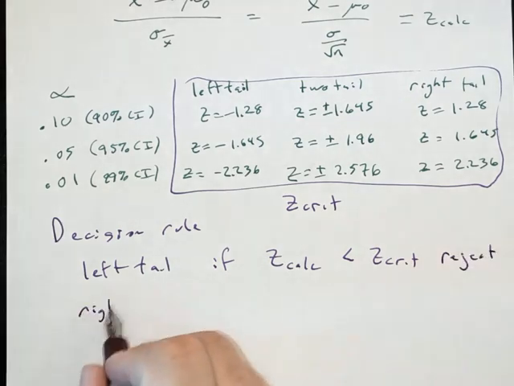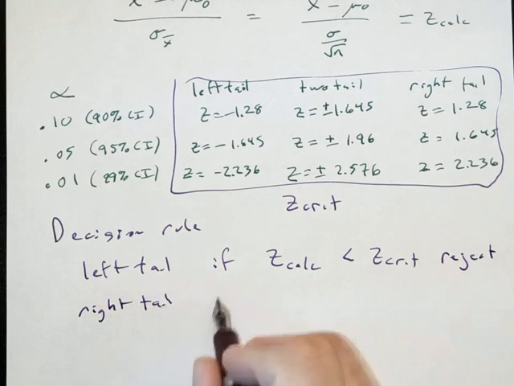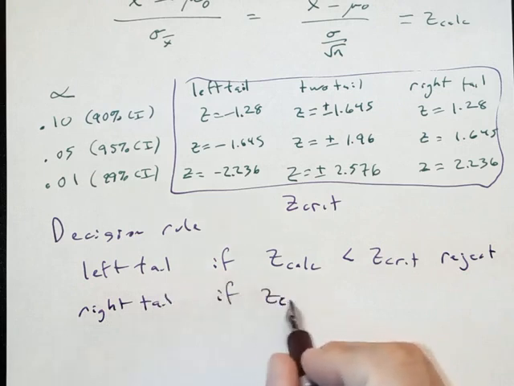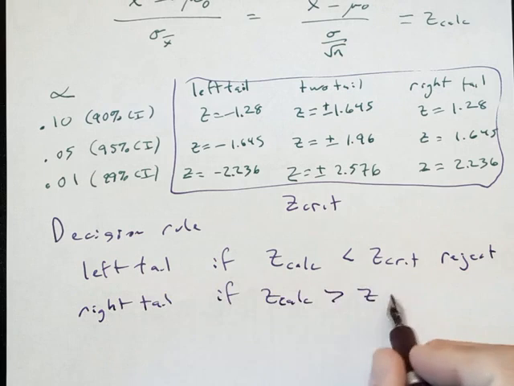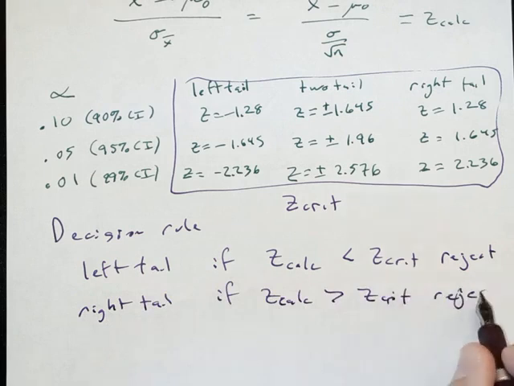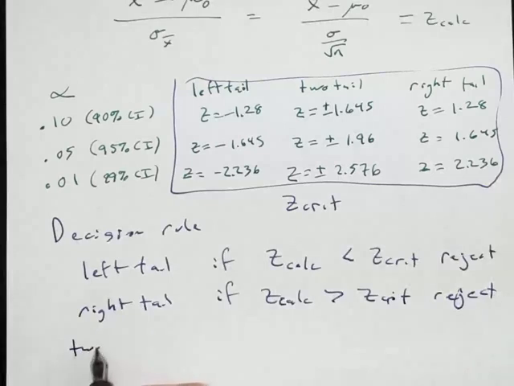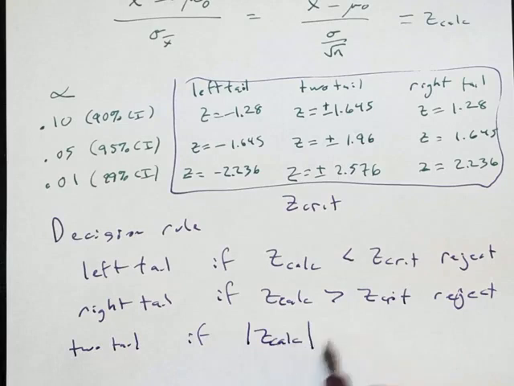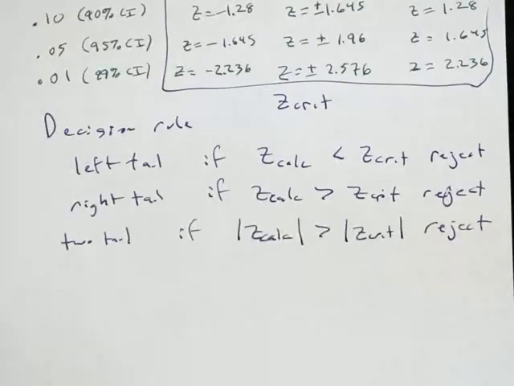For a right tail, if the calculated number is too big, we reject. And for a two tail, we take the absolute value. So that's my decision rule.